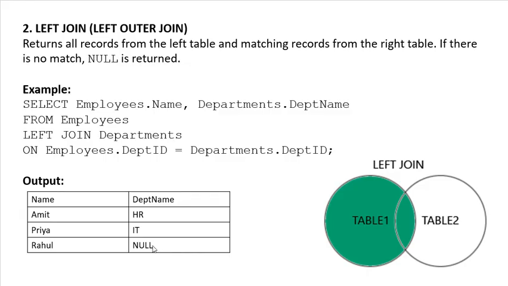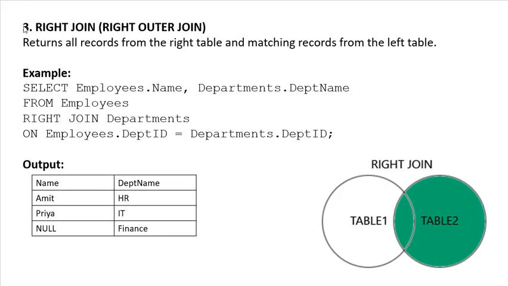First, check the inner join: Rahul's data is not shown, as an inner join is not matching in both tables. But a left join uses table 1, so all the data is shown, and without any department it is null, as the department ID is not given.